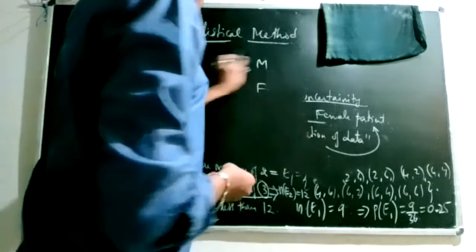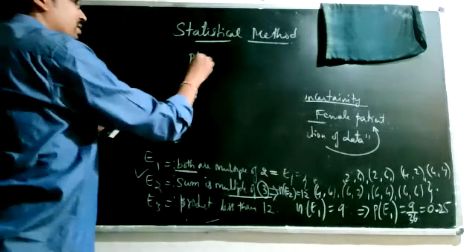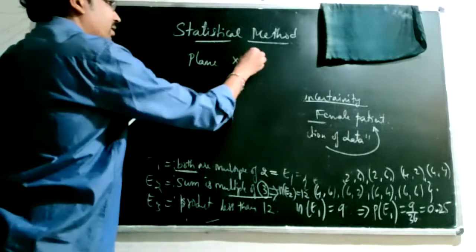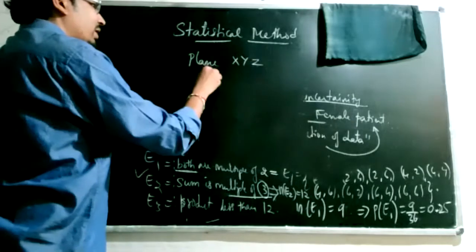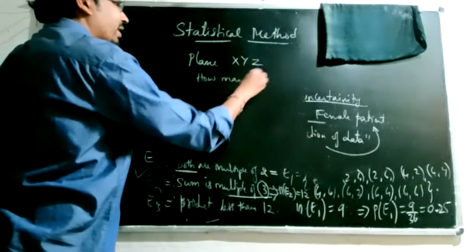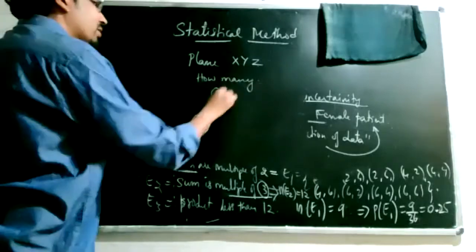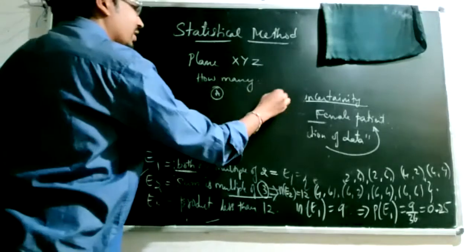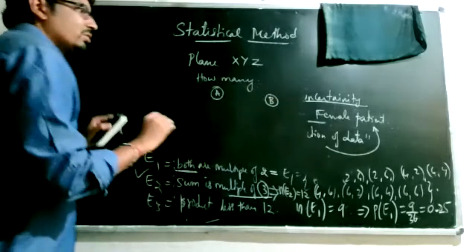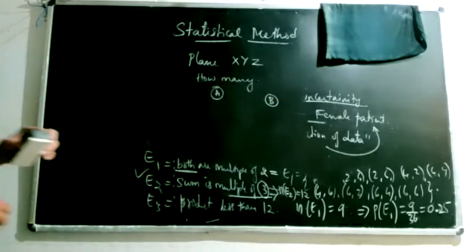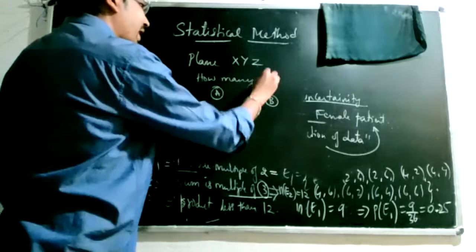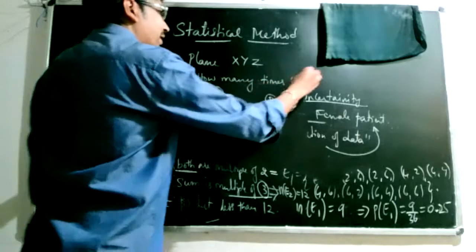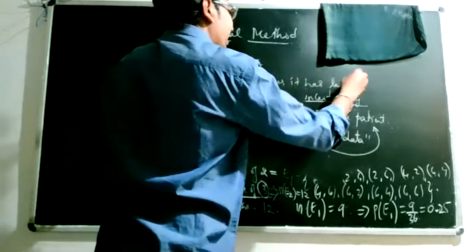You will see that particular plane, say a plane named XYZ, how many times it has flown. So in various cases it should be there. So I say the plane usually travels from A to B. Whenever it is traveling from A to B, how many times has it landed without any difficulty?